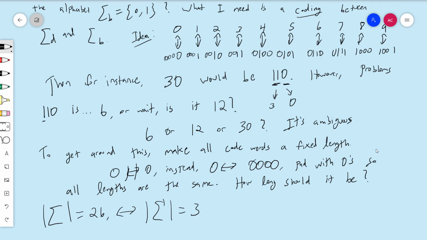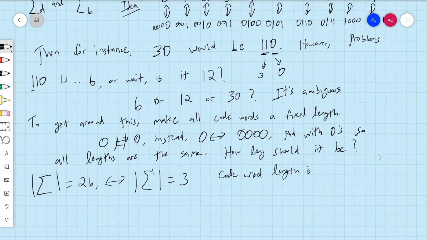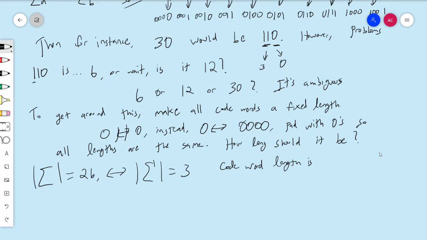Code word length is, I'm just going to write this down, I'll let you figure out yourself why this is true. It's log base the length of the smaller alphabet, as a function of the length of the larger alphabet, and it's the ceiling of that.